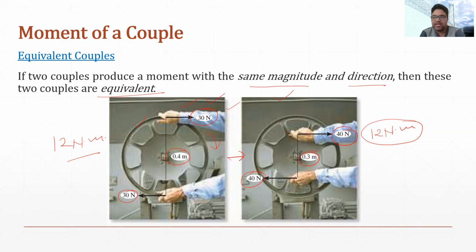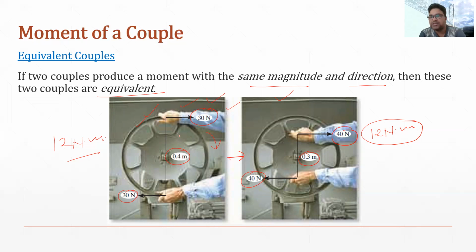This is an example of a steering wheel. Earlier in vehicles, until the invention of power steering, we used to have a larger diameter of steering, and because of that we had to apply more force to turn the vehicle.